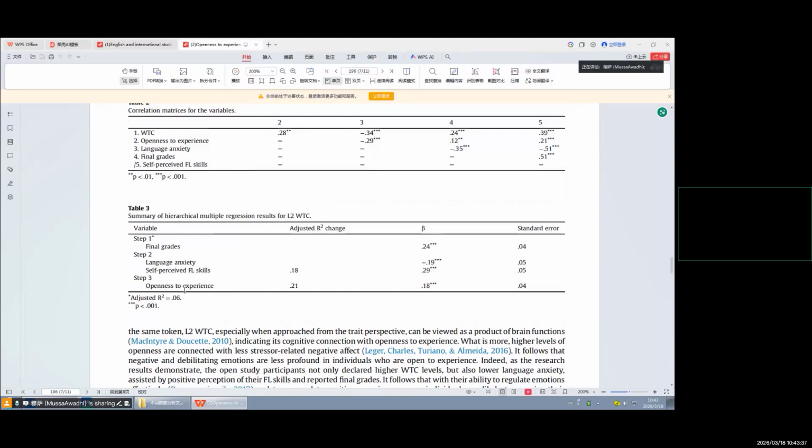Okay, I know what you mean. So for this regression, which is the dependent variable? Which is the dependent variable?